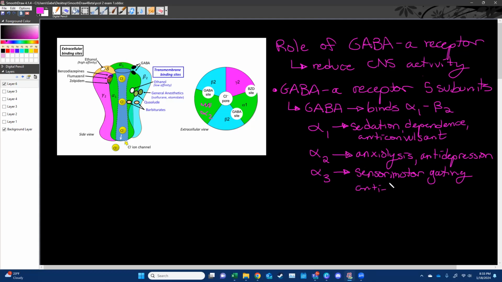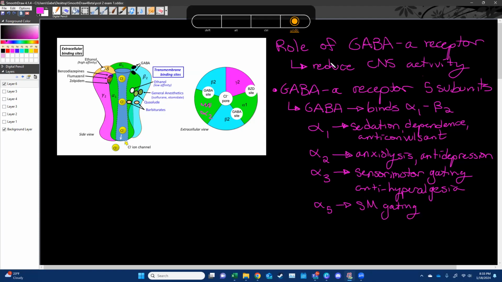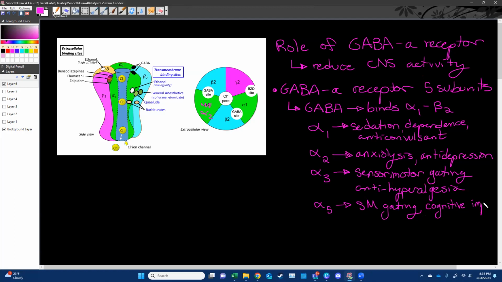As well, we have anti-hyperalgesia, which means it's decreasing hypersensitivity to pain. Alpha 5, again, sensory motor gating, but this time we have cognitive impairment. So your brain's ability to think is much worse.